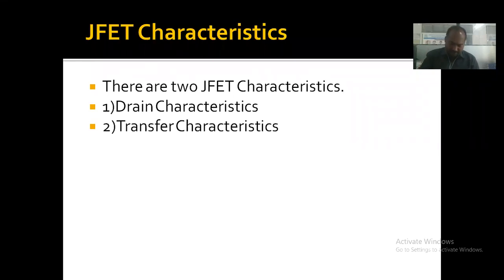Roll number 1. Present. 4, Present, sir. 5, Present. 6, Sir.